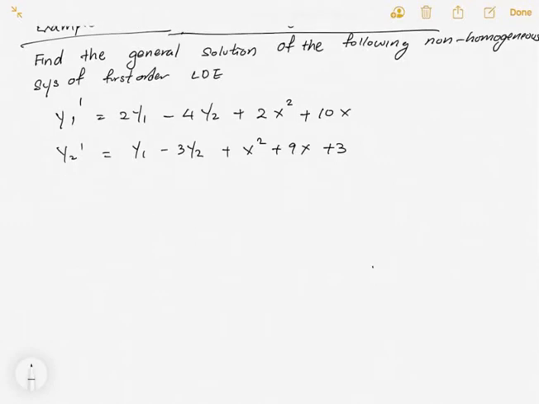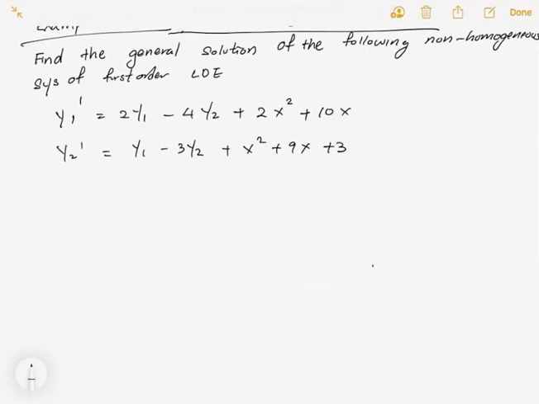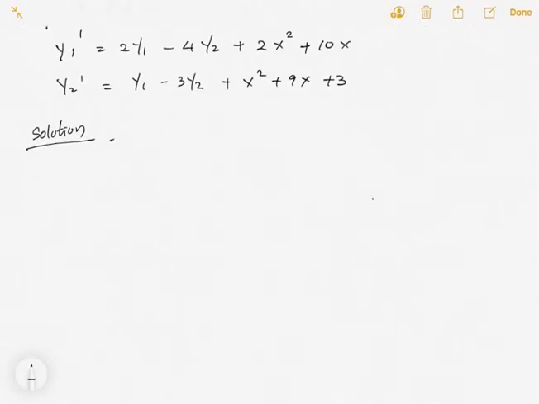Do you still remember what is the first step in order to find the non-homogeneous general solution? Yes, correct. First of all, you need to find your YC. So you need to write the system as y prime equals Ay plus g. This is quite common to you, right?